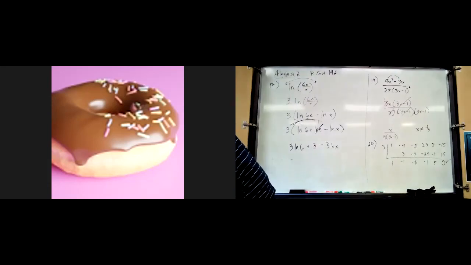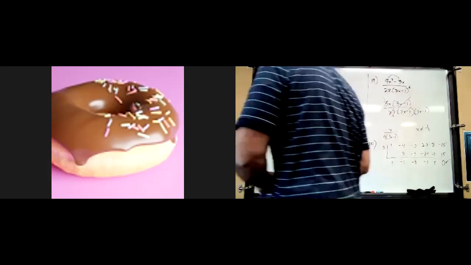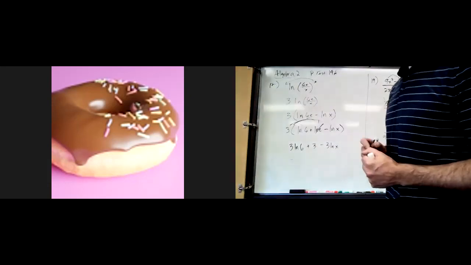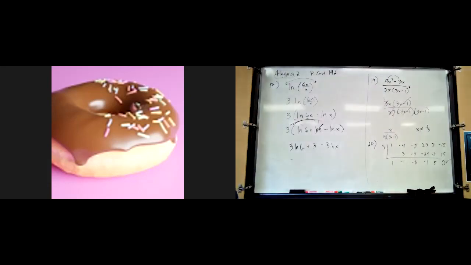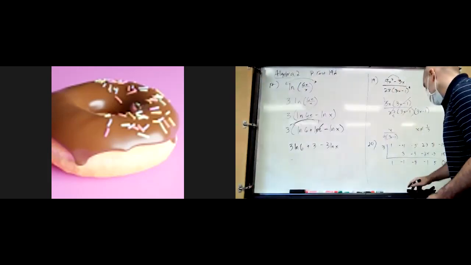Let me just make sure we're good. What's determine Q of x? So Q of x would just be this, I guess. It doesn't say what Q of x is, but when you divide it, that's what Q of x is.